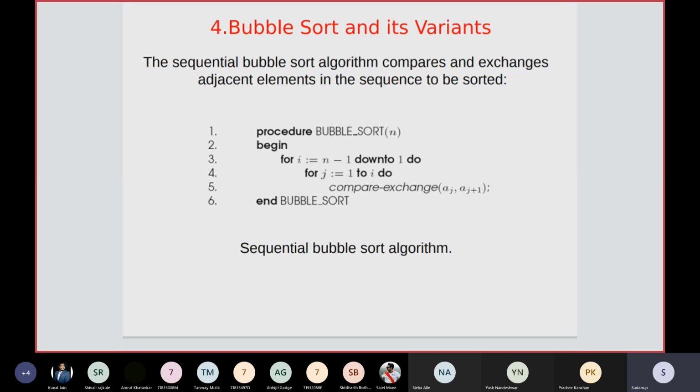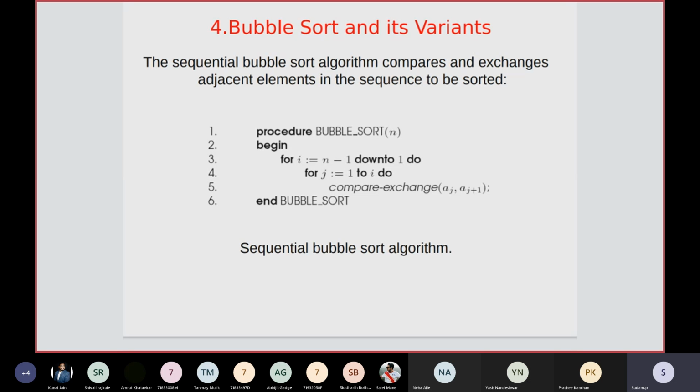So there are n number of elements, and i will start from n minus 1 down to 1, and j will start from 1 to i, and then you continue this process using the for loop. And then do the compare exchange a j comma a j plus 1.